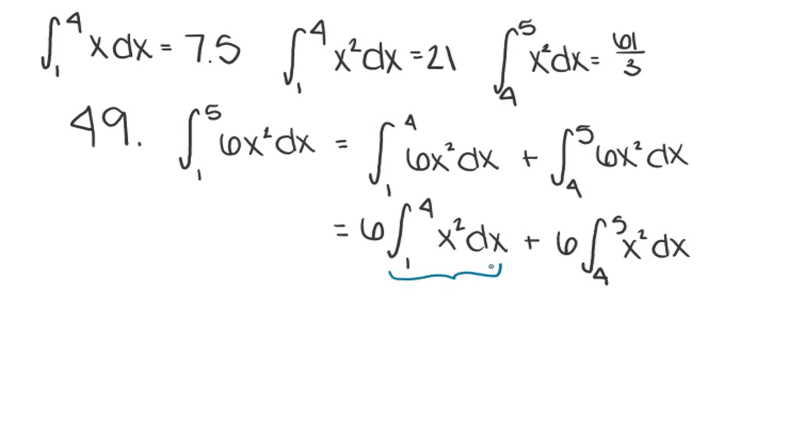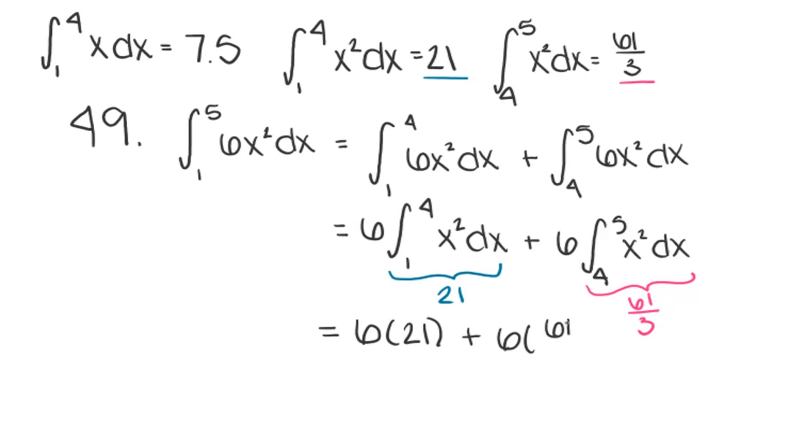So we have that this guy, we're told that that is 21. And this guy here, that is 61 over 3. So we can just plug those numbers in. So we get 6 times 21 plus 6 times 61 over 3.